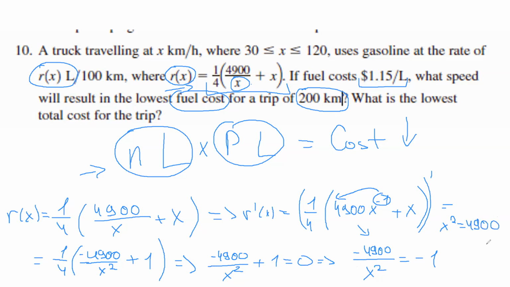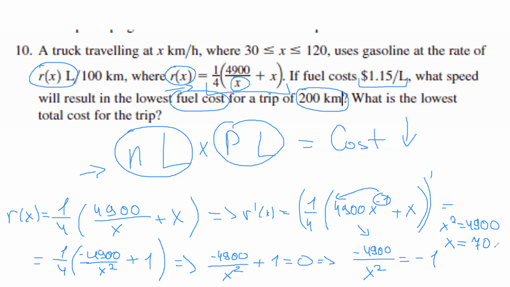4,900, and x equals 70. Beautiful. Why not -70? Because you can't. Oh, it could be. Wait, you're right.